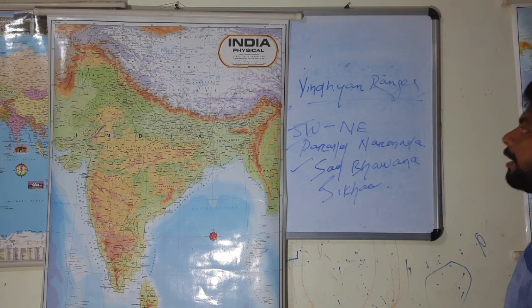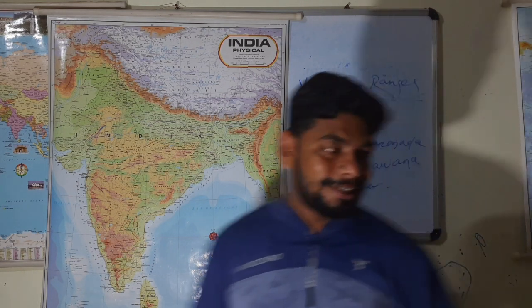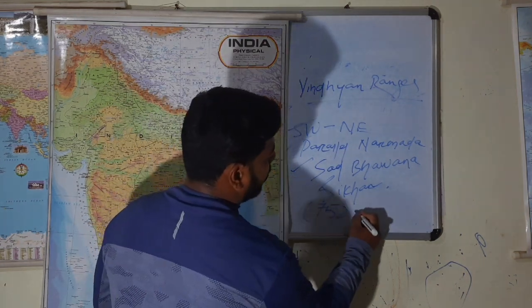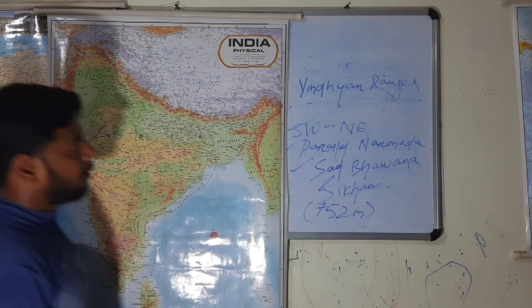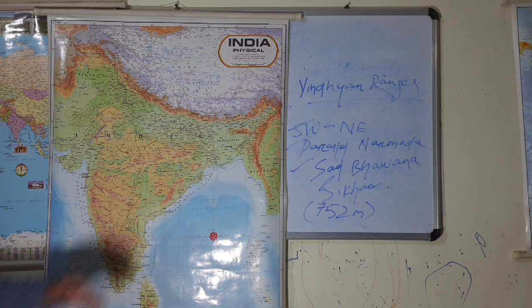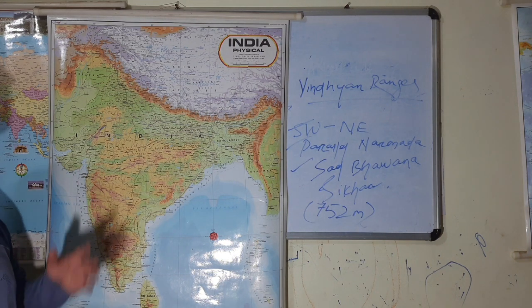So the highest peak of the Vindhyan range is Sadbhavana Shikhar. The altitude is 752 meter. Okay, understood? Concentrate guys.